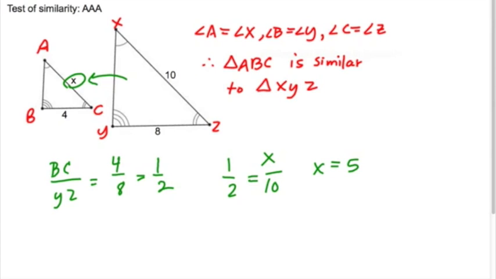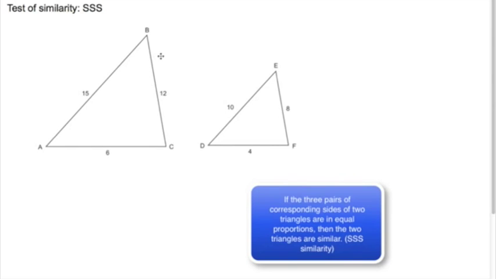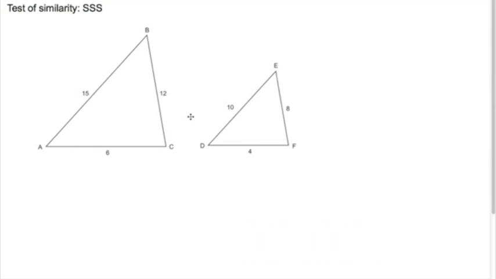Okay, the next test I'm going to look at is side, side, side similarity. Now, if the three pairs of corresponding sides of two triangles are in equal proportions, then the two triangles are similar. This is also known as the side, side, side similarity test.